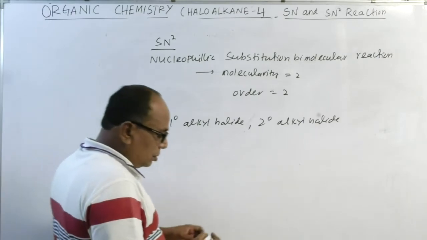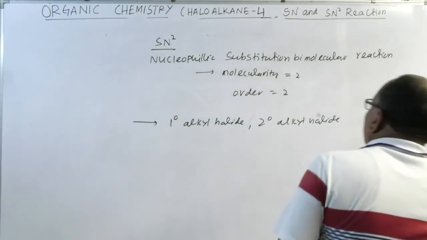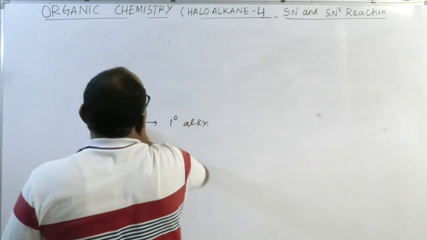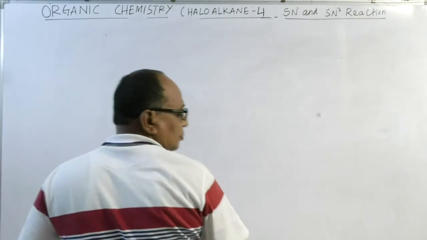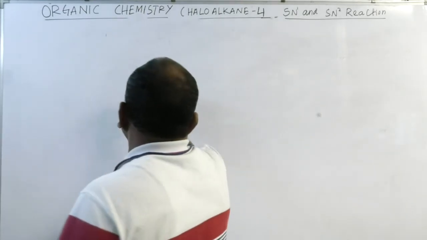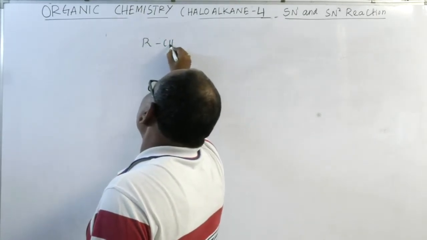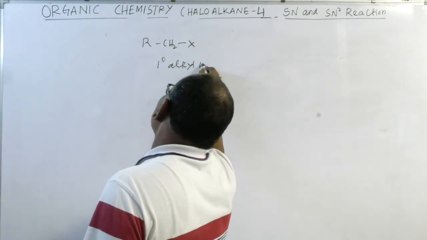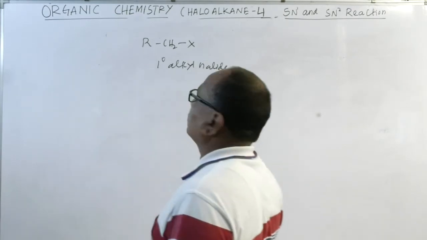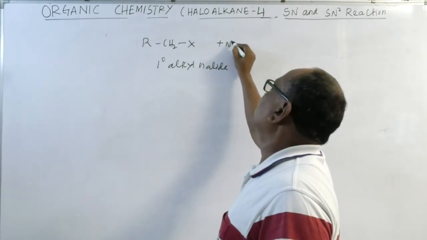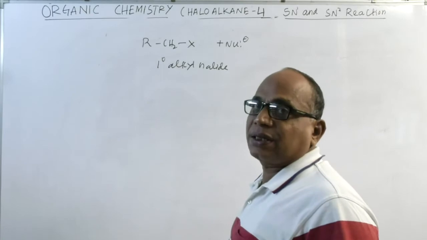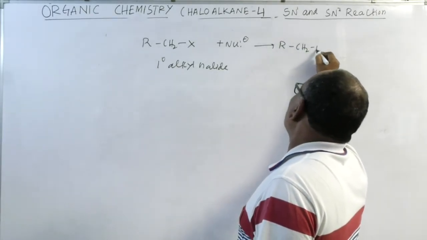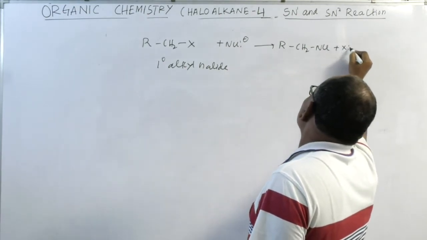Okay, so when a primary alkyl halide, that is RCH2X, is treated with a nucleophilic reagent, it gives the product RCH2Nu plus X minus.